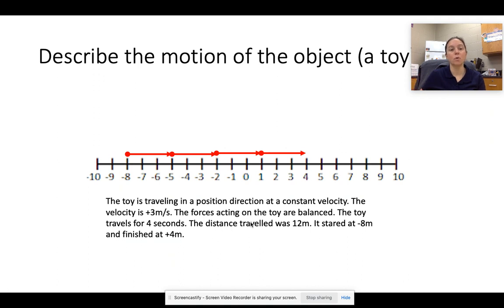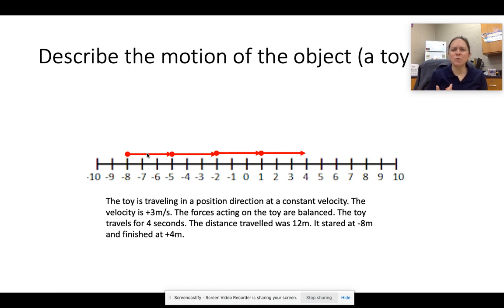Here's another example of using the motion map to describe the object. This time it's a toy. Notice that these lines are the same in length. That tells us that the object is moving at a constant velocity, again 3 meters per second in the positive direction. So the forces acting on this toy are all balanced because there's no change in velocity. It's not accelerating.